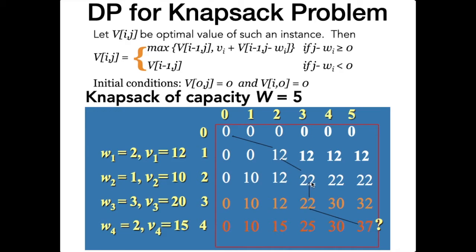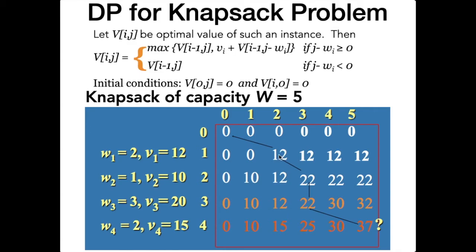So, for item number 2, there is a change between this and this, so we will include item number 2. The remaining capacity is 3. Okay, 3 minus 1 is 2, so it's time to go here sa column na to. Okay, and then let's check if item number 1 is included. Since there is a change, 12 and 0, then we included item number 1.